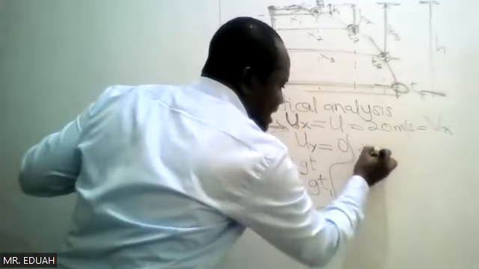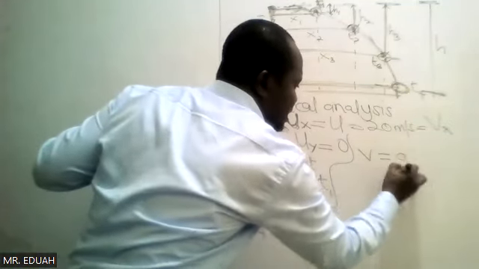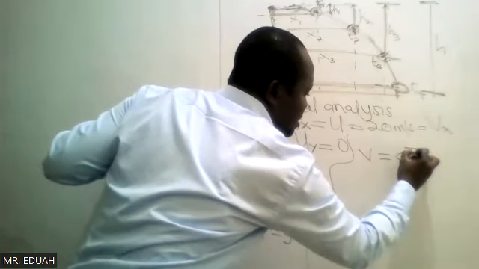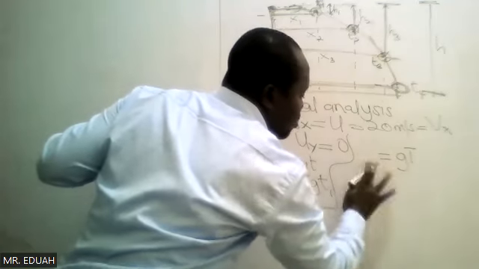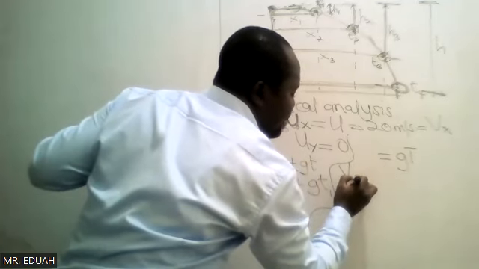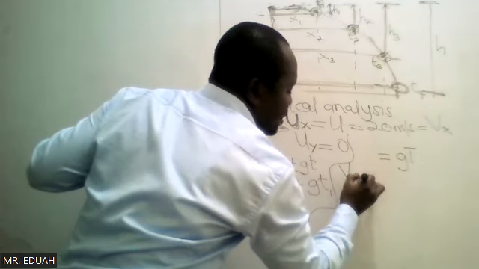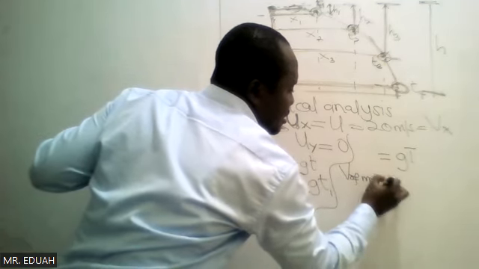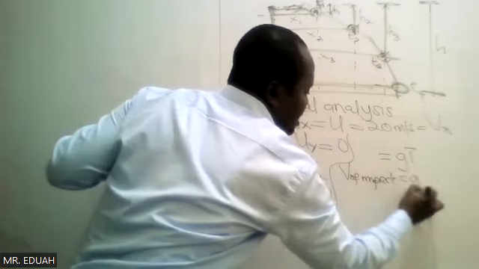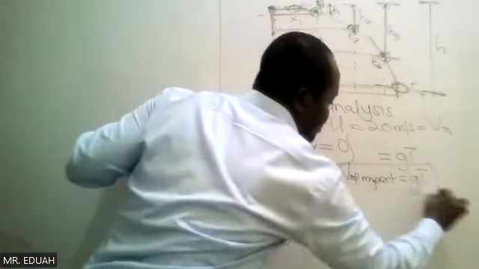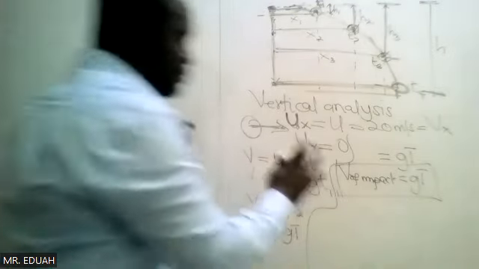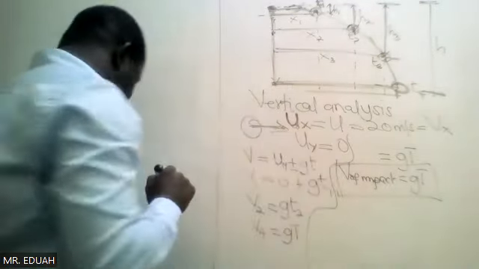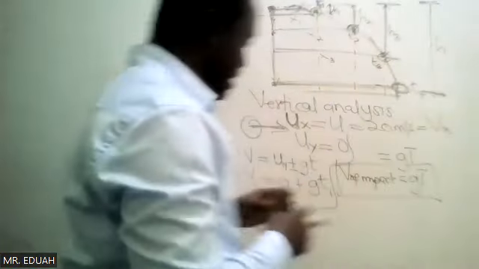Its velocity at any time is equal to g times T. Sorry, we can't say this is the velocity of impact because there is another velocity which I will tell you.